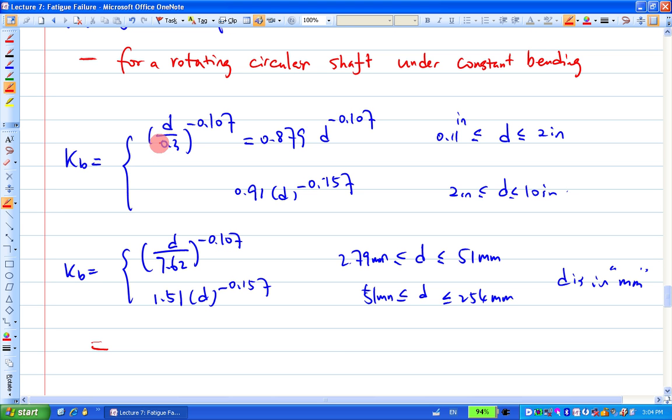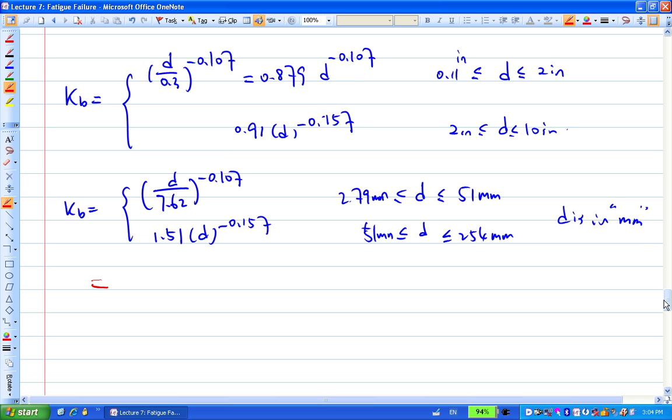So your KB is going to be bigger. And if your D is greater than 0.3, it's going to be less than 1. Is that clear?